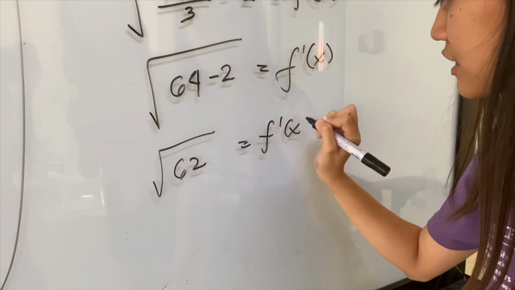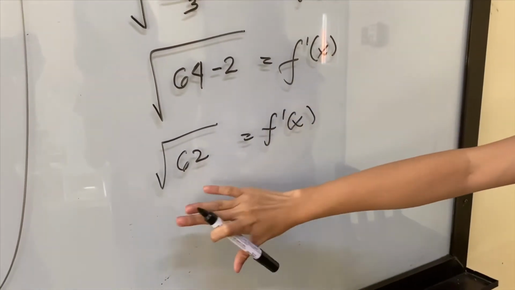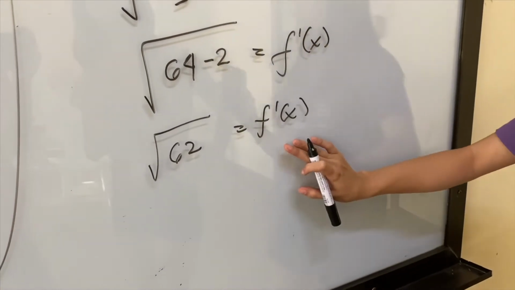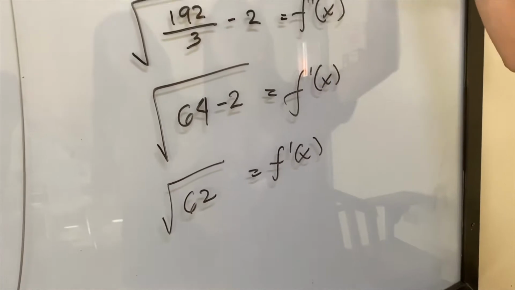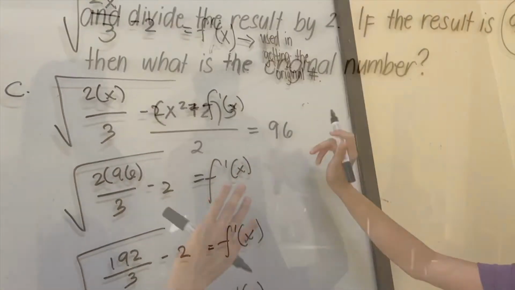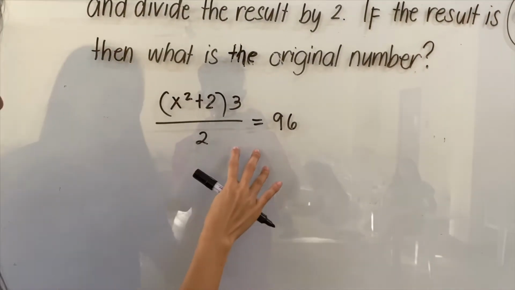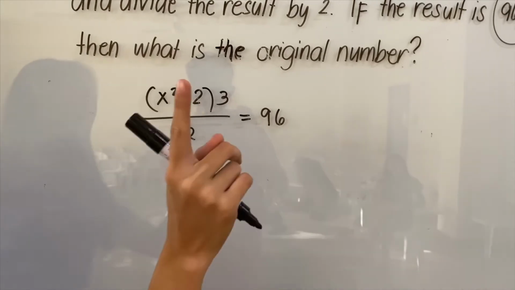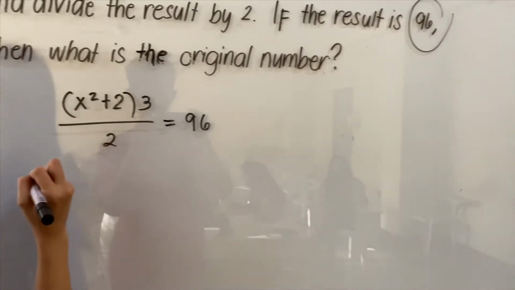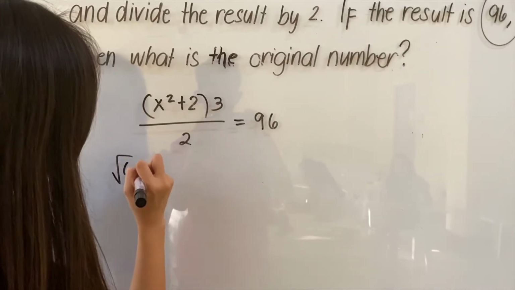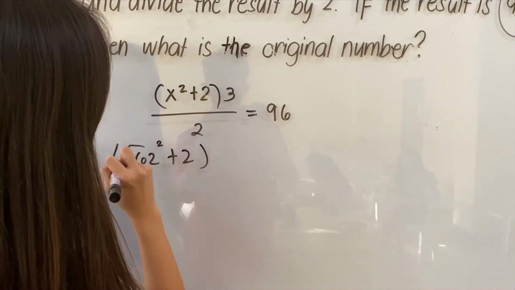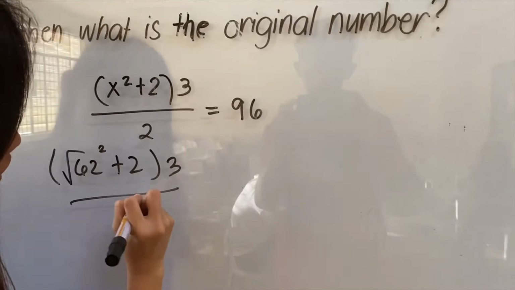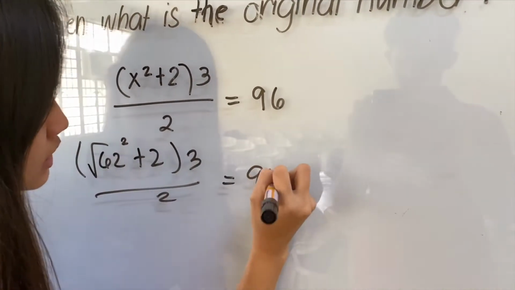So now that is the value of the inverse function of x. Now this is the value of x, or the original number. So this is the function, so we're going to substitute the original number. So the square root of 62 squared plus 2 times 3 over 2 equals 96.